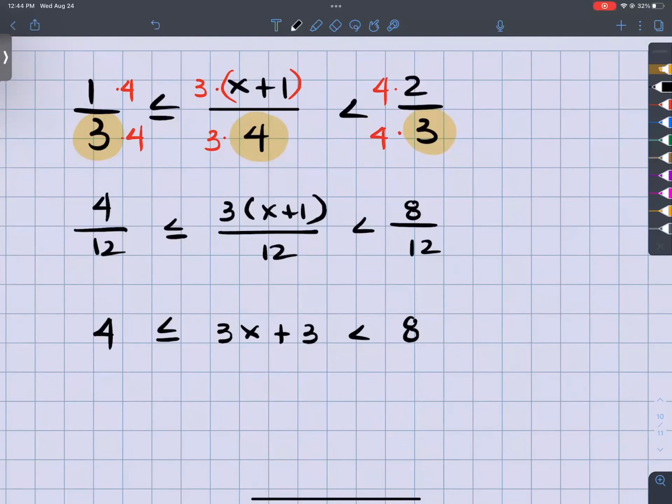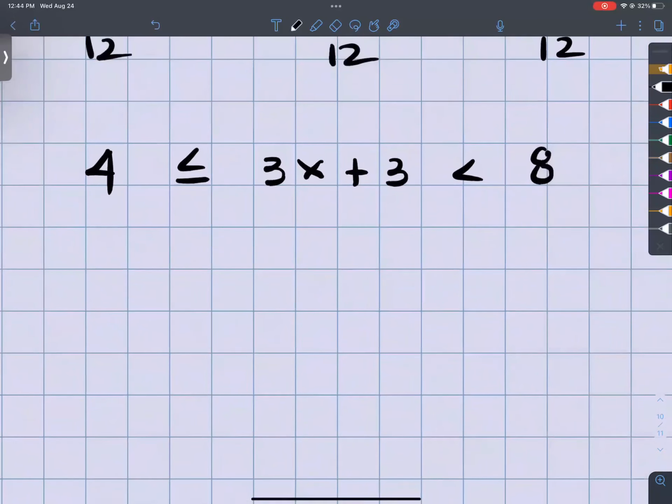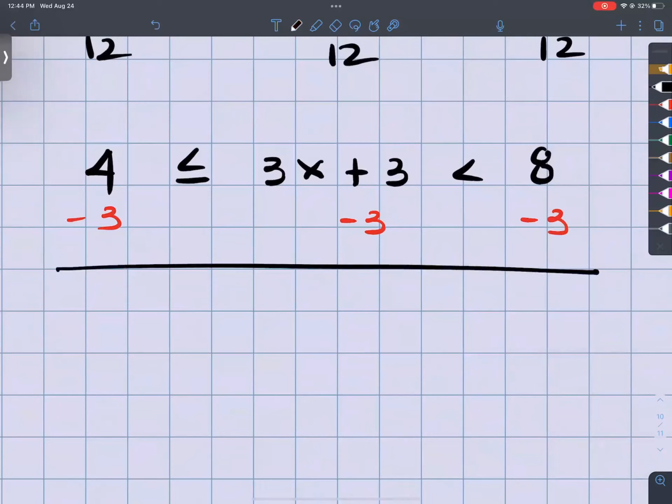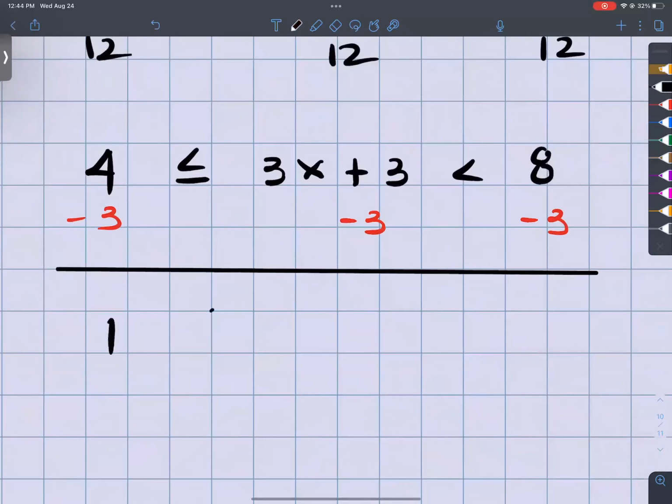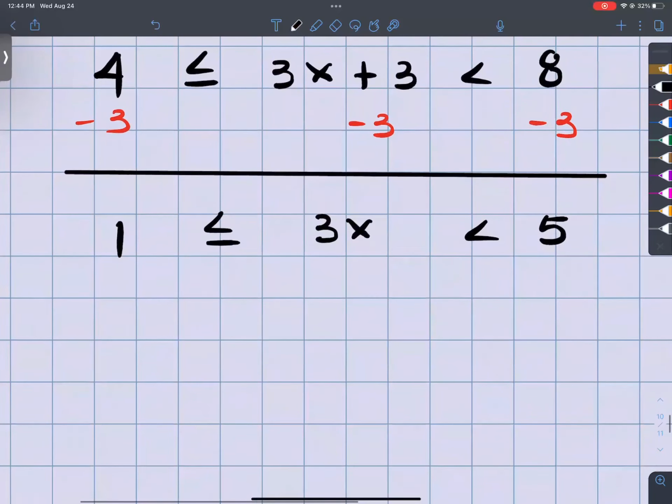They'll only deal with it if they have to, right? So here, I would subtract 3. If I subtract 3 here, I have to do it on both ends as well. And if I divide, I have to divide the other ends as well. And yes, if I divide by a negative, both the signs would have to flip as well.